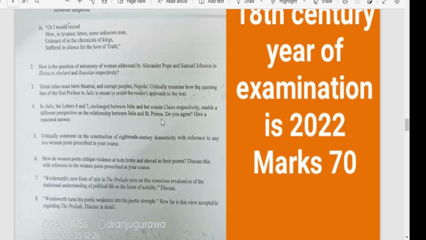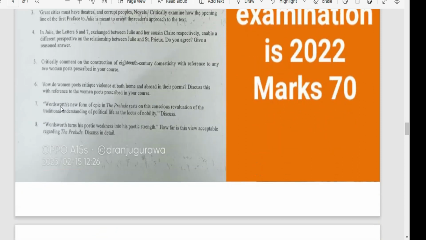In Julie, letters number 6 and 7, the exchange between Julie and her cousin Claire respectively, enable a different perspective in the relationship between Julie and Saint Preux. Do you agree? Give a reasoned answer. Critically comment on the construction of 18th century domesticity with reference to any of the women poets prescribed in your course. How do women poets critique violence both at home and abroad in their poems? Discuss with reference to the women poets prescribed in your course.